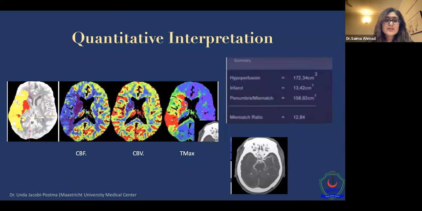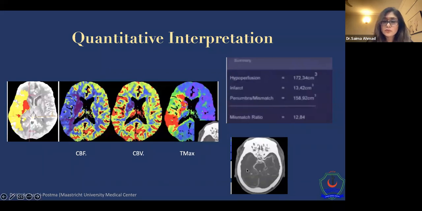So this is again a picture in which you can see the core and the penumbra. CBV tells us about the core, this is CBF, the penumbra, and this is the Tmax. You can see that everything is being calculated by the software, and you have the penumbra mismatch, and you can decide on the basis of this your endovascular therapy.